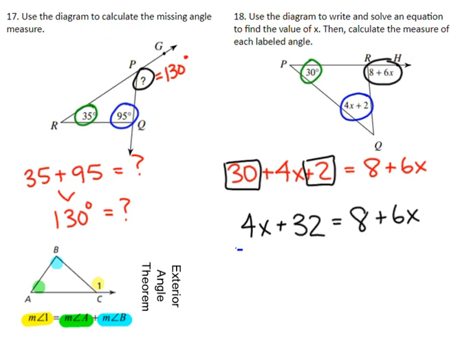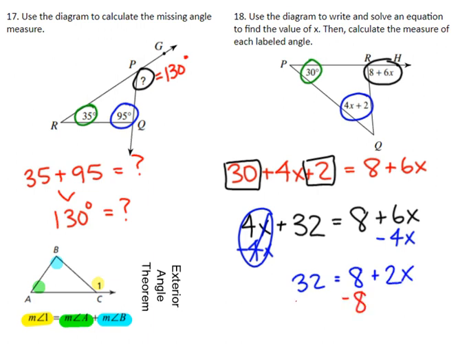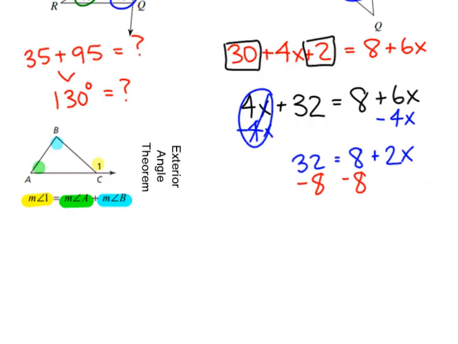Then I'm going to subtract 4x. That's not the only correct step. It's just the one I'm choosing to do because I like to get variables combined on one side before I deal with the constants. So 32 equals 8 plus 2x. Subtract 8 from each side. And that's going to give 24 equals 2x. And then divide by 2 to get 12 as your value for x.